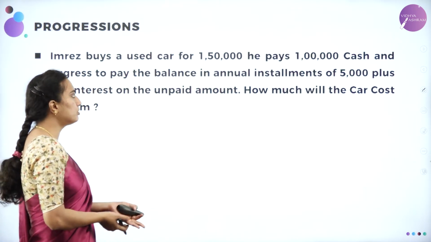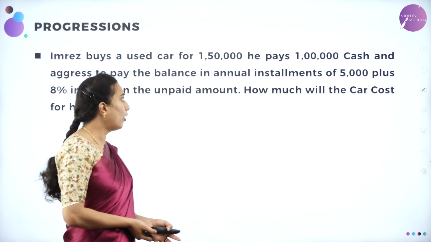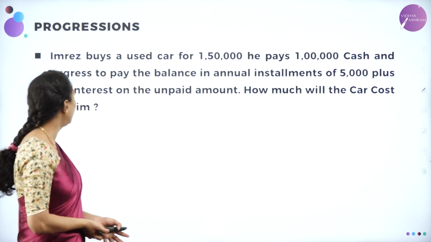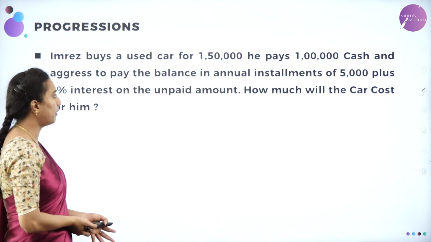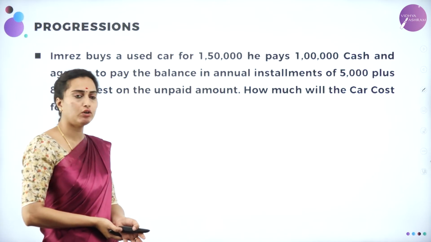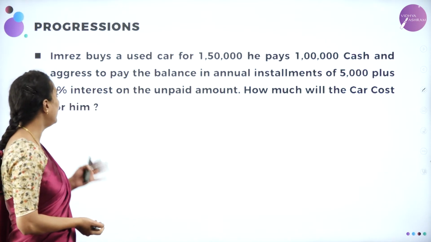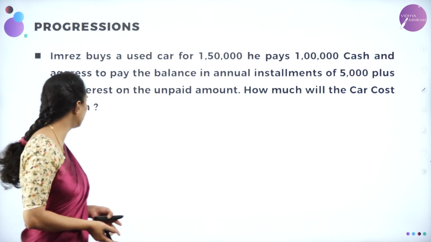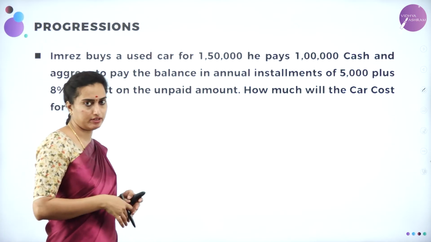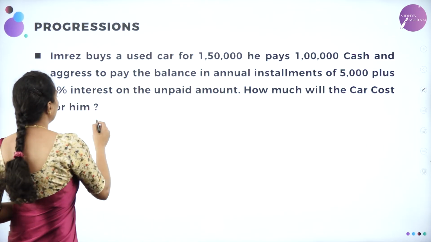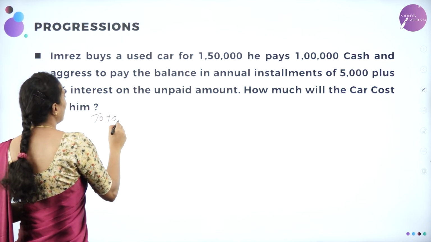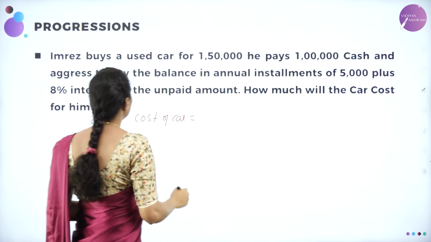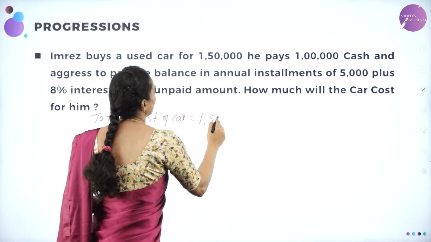Imre buys a used car for 1,50,000. He pays 1 lakh cash and agrees to pay the balance in annual installments of 5,000 plus 8% interest on the unpaid amount. How much will the car cost him in the end? So here the total cost of the car is 1,50,000.